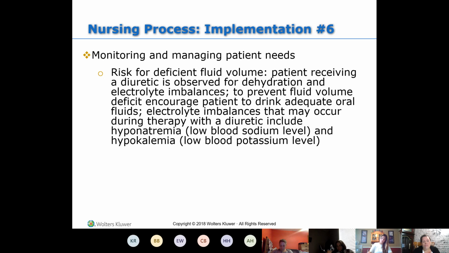So you don't just tell your patient, oh, you'll pee less if you drink less. No, we want them to still obtain those electrolytes and drink as normal, and they can still get their diuretic on top of that. Now, you will have patients on fluid restrictions, but not every patient who's on a diuretic is on a fluid restriction.